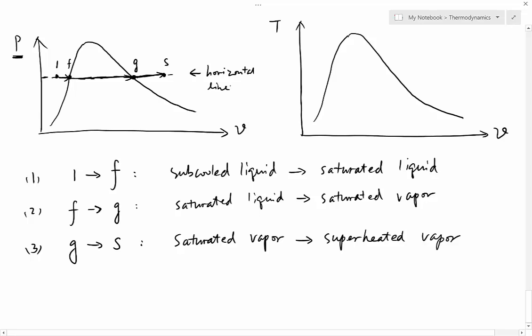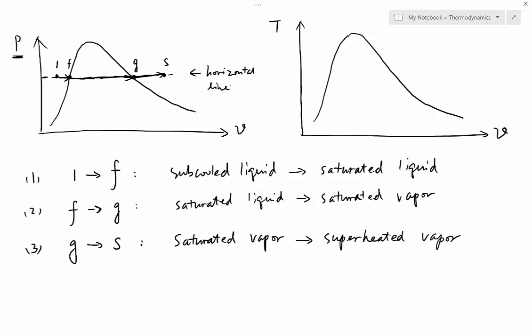Because we said it's a constant pressure process. And on a P versus nu diagram, pressure P is the y coordinate, meaning the y coordinate doesn't change. If the y coordinate doesn't change, it must be a horizontal line. Okay, so that's how we sketch everything on a P versus nu diagram.